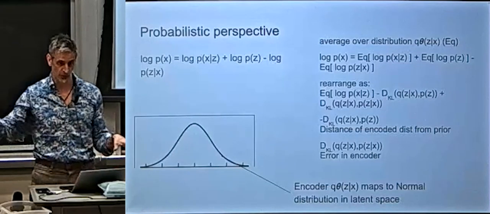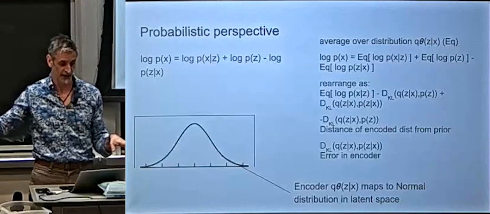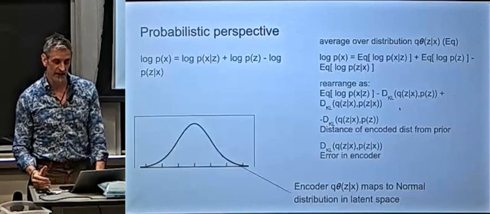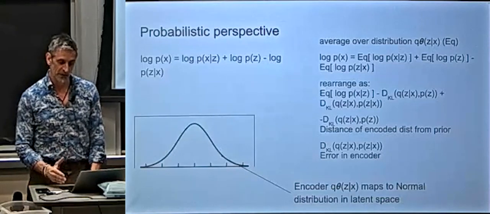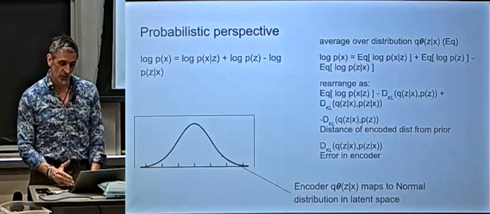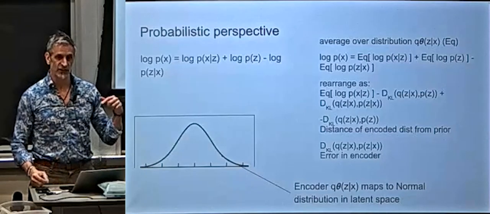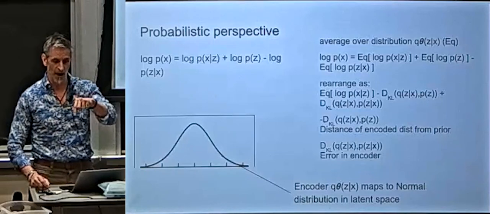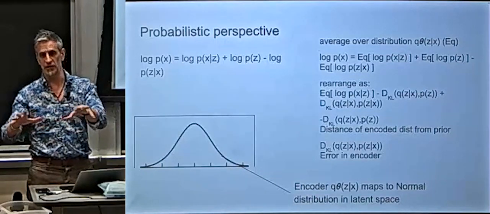If we have a latent vector, we can calculate what the probability of a particular X is going to be, minus the KL divergence of Q of Z given X and P of Z. Well, Q of Z given X, that's our encoder. That's how we're taking an input image and mapping it to the latent space. So we're mapping it to some distribution in the latent space.